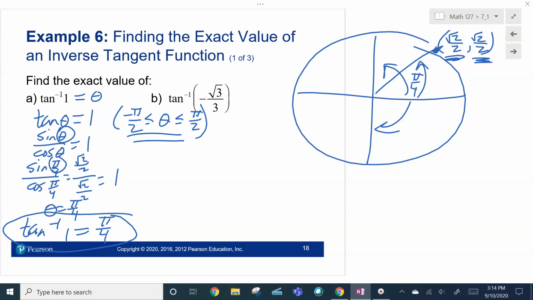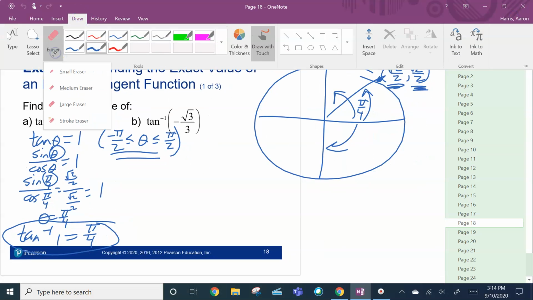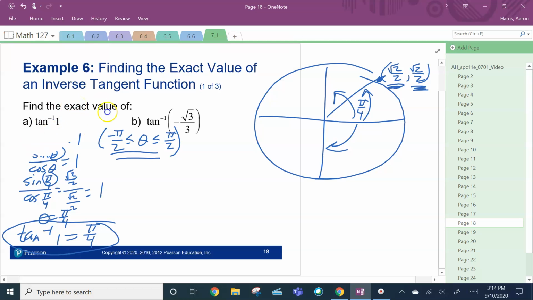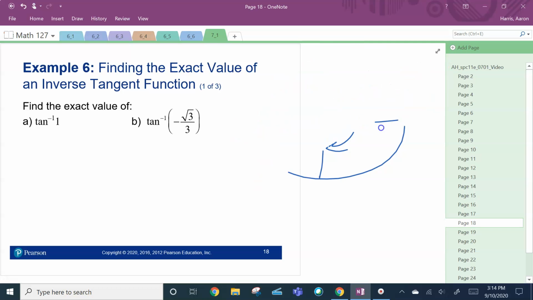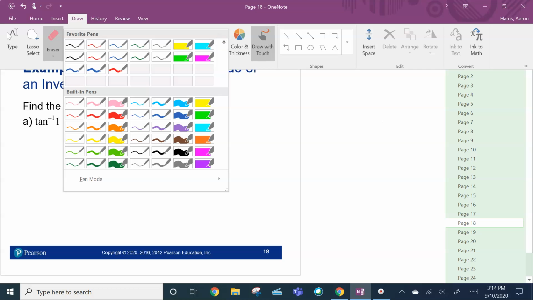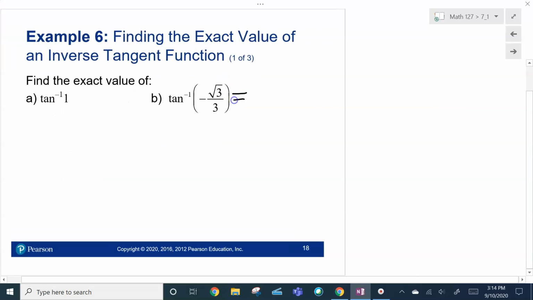Okay. Let's do that next one there. The arctangent of, hold on, let me erase this stuff out of the way. Alright, so now we're going to set that equal to theta.